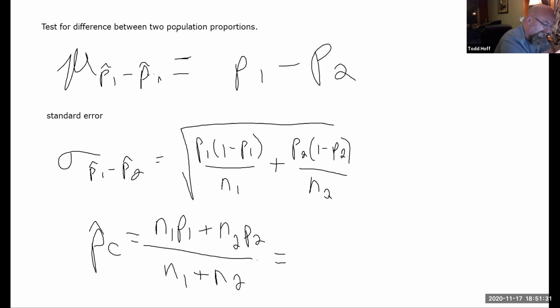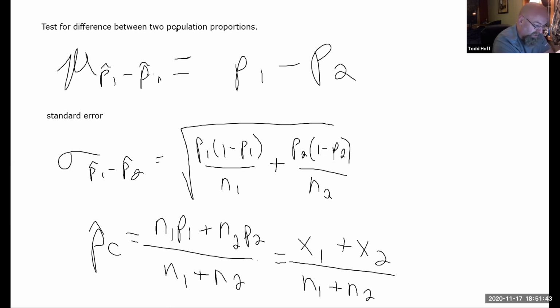But realistically, n1 times p1, that's just our x1. n2 times p2 is just our x2. So it's really just x1 plus x2 over n1 plus n2, where x1 is those that are the affirmative, the yeses from each sample, and n1 is the size of each sample.